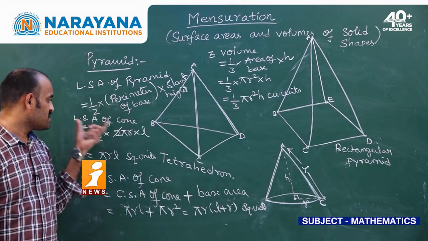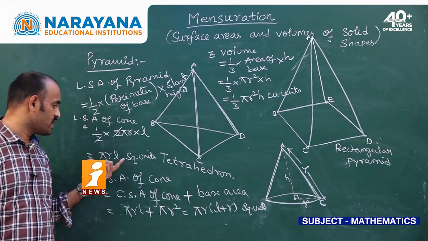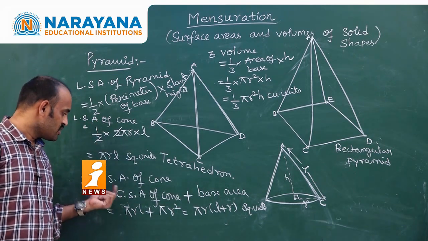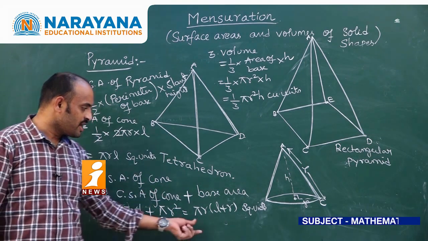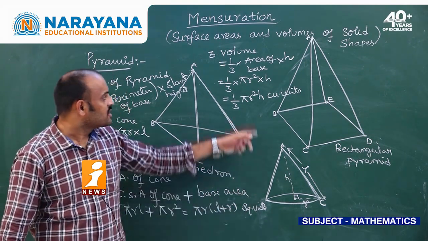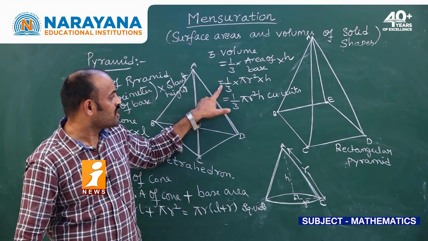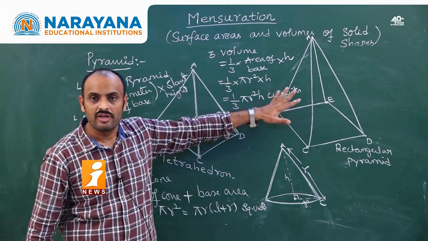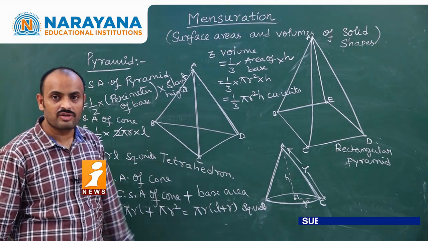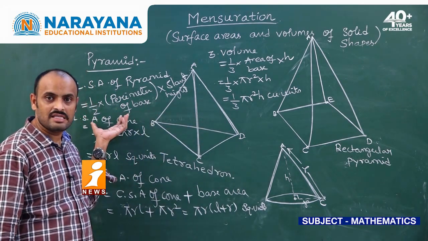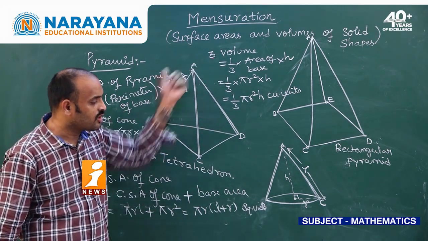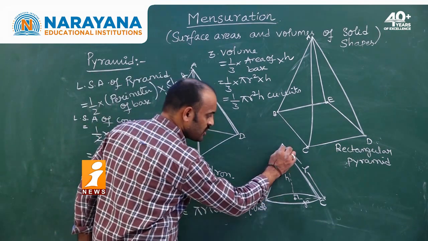So, LSA of cone is pi r L square units. TSA of cone is pi r into L plus r square units. Next, volume of cone is 1/3 pi r square h cubic units. So, this is how we find out the LSA, TSA and volume.